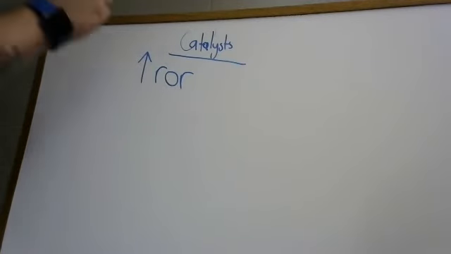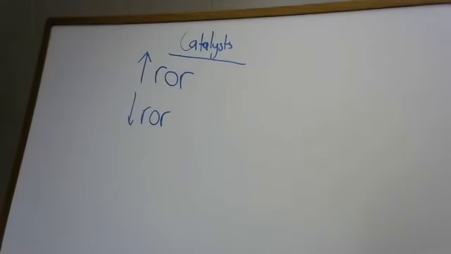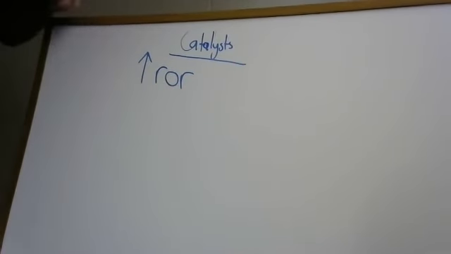That's a lie. They can also decrease the rate of reaction if you want to slow things down. But for the purpose of this unit, we are just looking at catalysts that increase the rate of reaction.